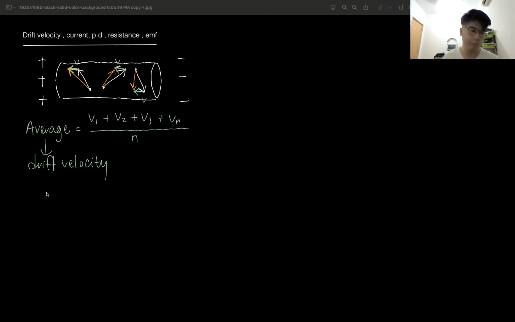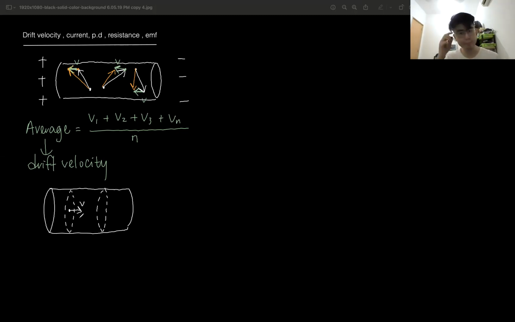Here we have a conductor. The same conductor here. And we are going to take 2 points. This first point and this one. Consider the electron started from here, moving at a velocity v to the right. That's the drift velocity.